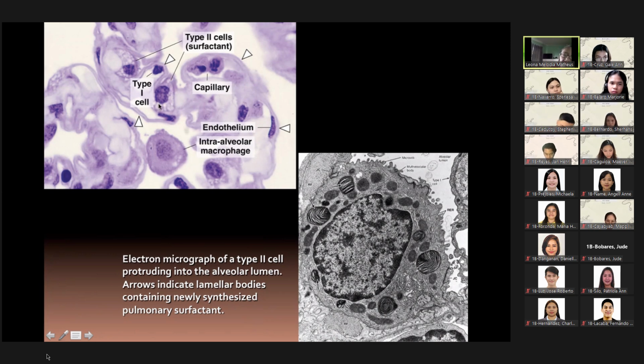You can see it's cuboidal, and you even see granules within. And this is an electron micrograph of your pneumocyte 2. You can easily see here these bodies. These are the lamellar bodies which actually represent your newly synthesized surfactant. Ayan, plenty lamellar bodies within this pneumocyte 2.